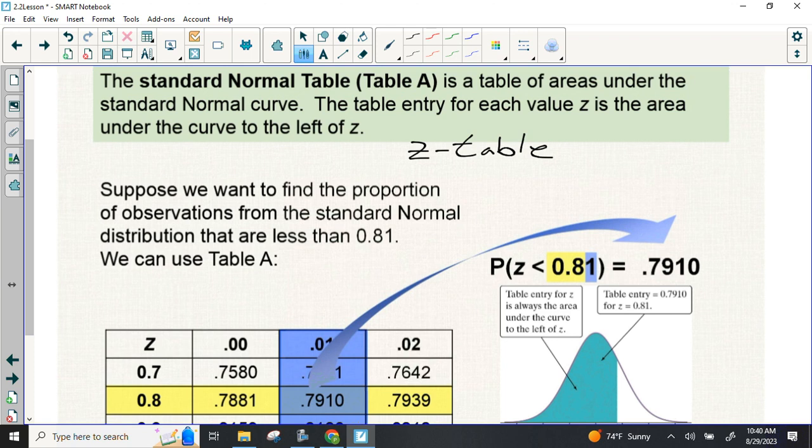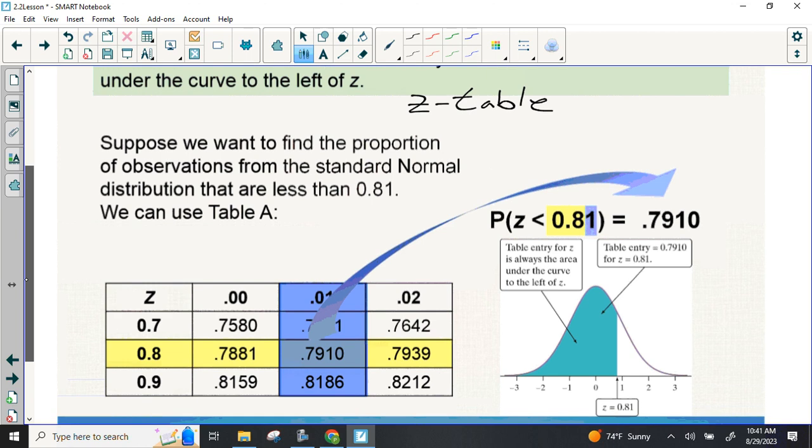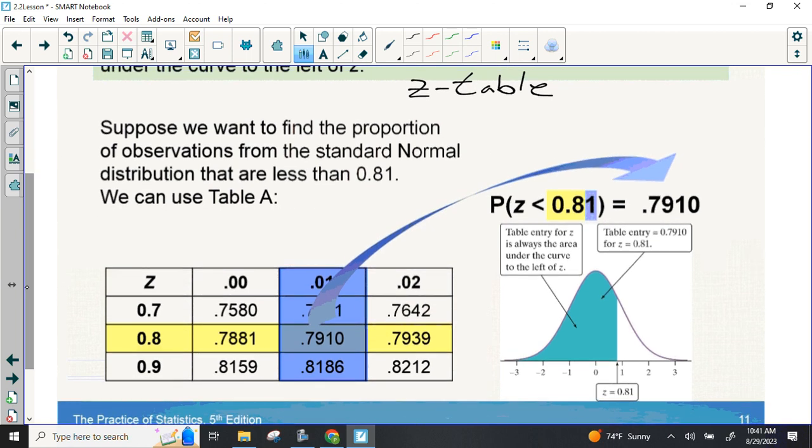So the way you use this table is if I got a z-score of 0.08. Someone did z equals x minus mu divided by sigma, and they got this 0.08 that you see over here.